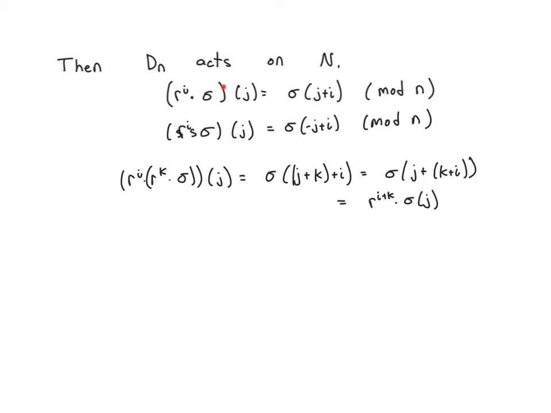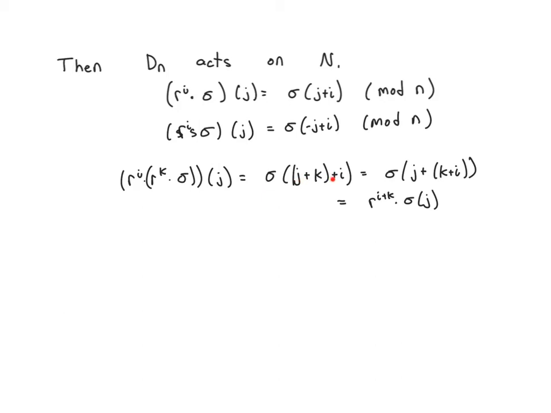So these were the definitions of how r dot I acts on sigma. I only did what happens when you act by r^k and r^I. When you apply this new function to j, you get j plus k, plus I, as the argument you input to sigma.